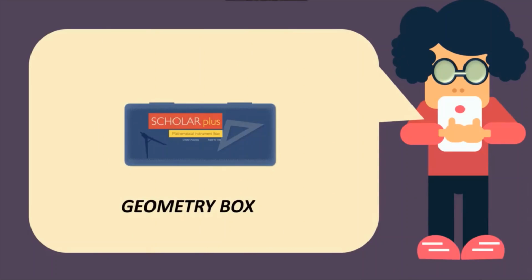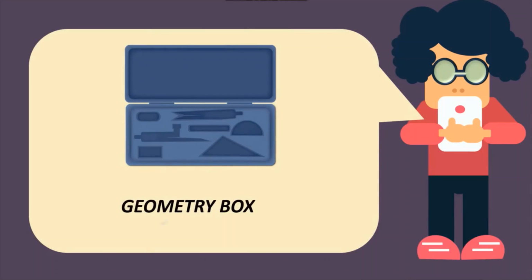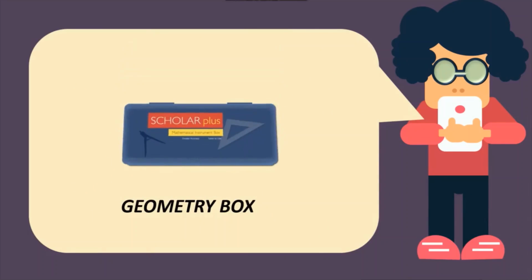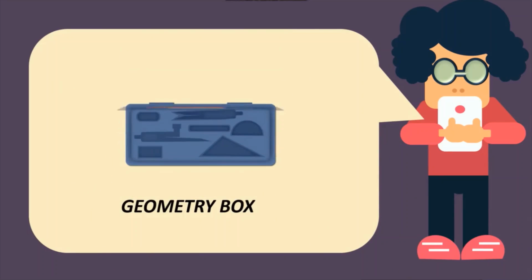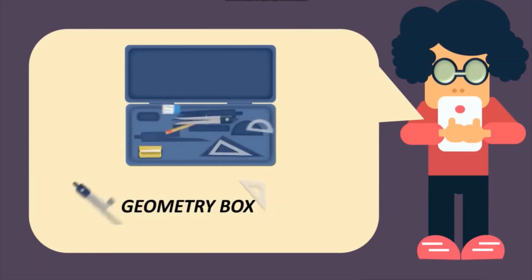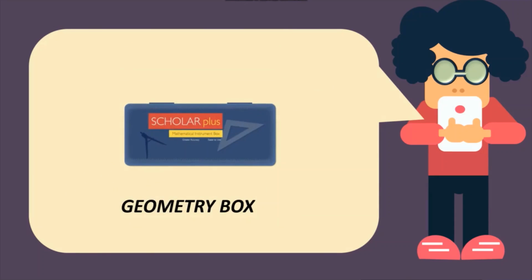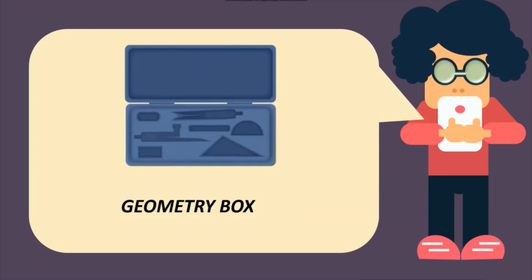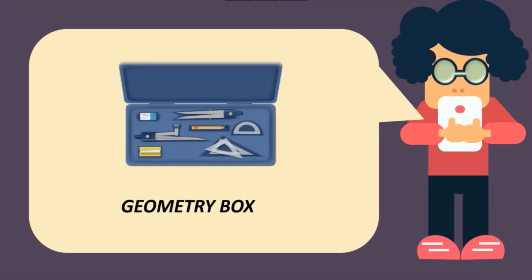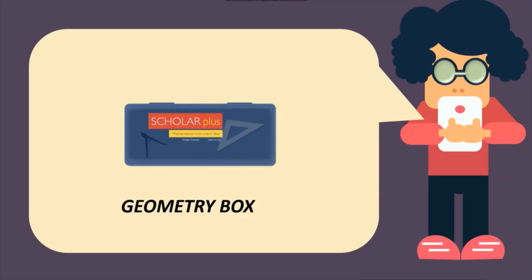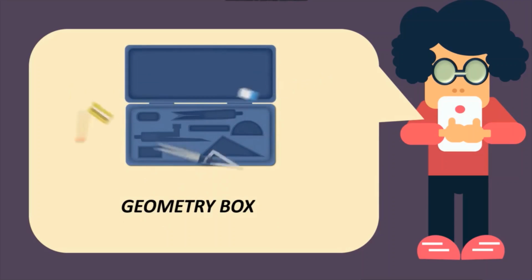Before we begin the class, I would advise you to keep your geometry box by your side. If you do not have, you must surely keep a scale, a compass, a sharpened pencil and an eraser. Now let us begin the chapter.